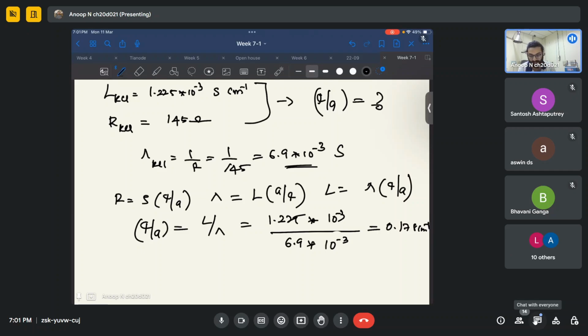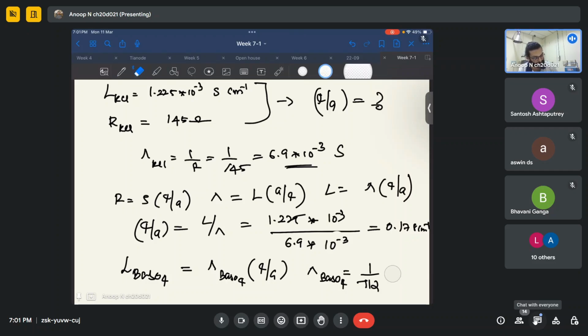So now we can directly calculate the kappa value of K2SO4, right? We just need to substitute lambda of K2SO4 into L by A. So lambda of K2SO4 can be written as 1 by 712. What will be the value?